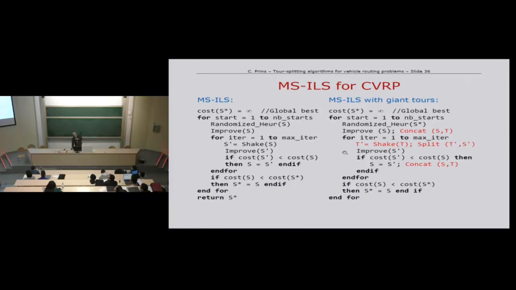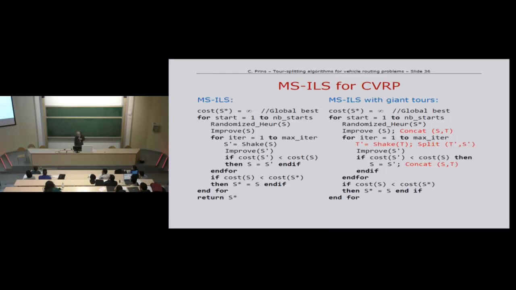So in the ILS loop, I take a copy of the current giant tour, T prime, instead of taking a copy of the current solution. I split T prime to obtain a CVRP solution S prime. Then I apply the local search to the CVRP solution. And at the end of the loop, if I update the current solution of the ILS, I concatenate its routes to obtain a new giant tour.